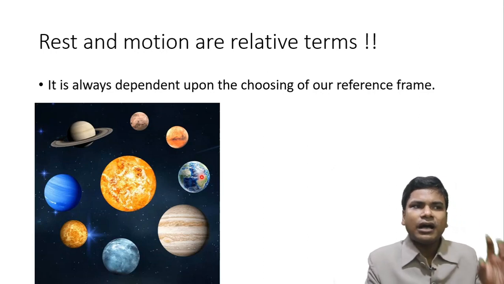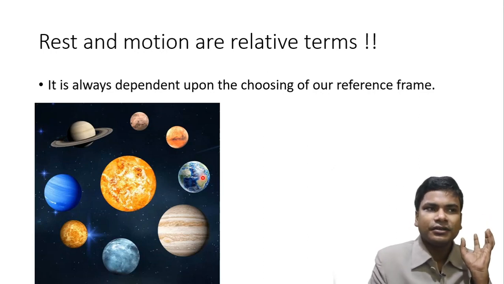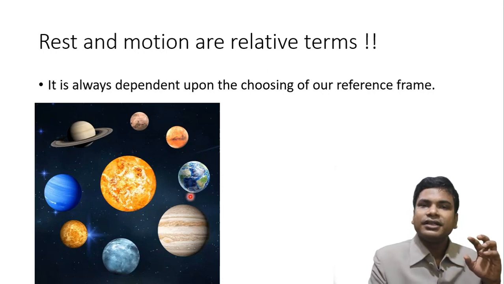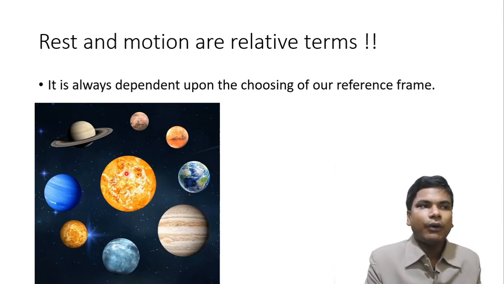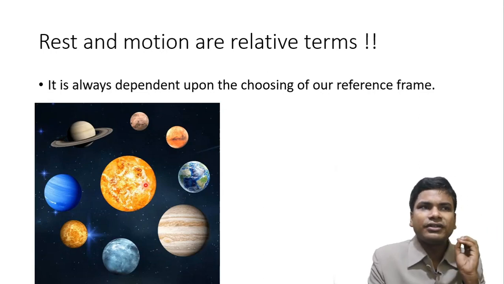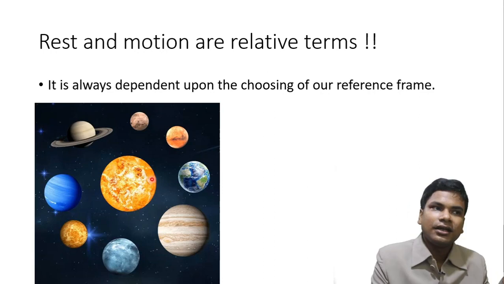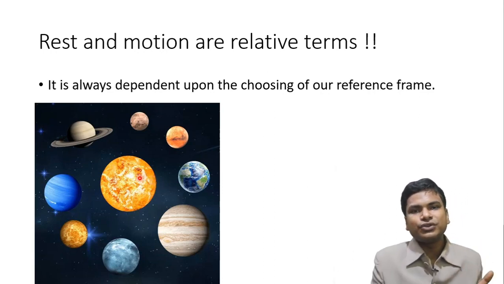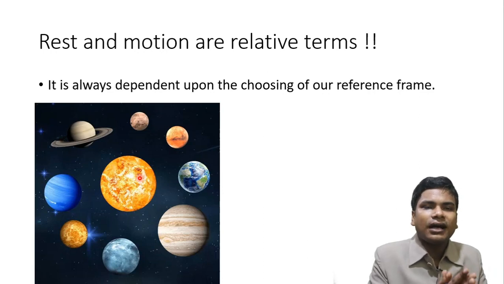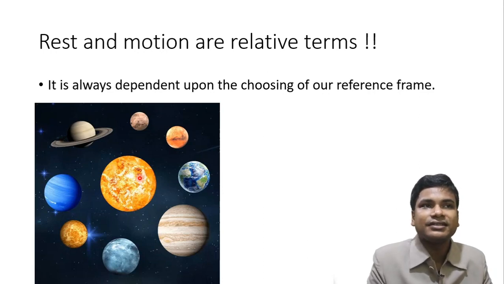Don't you think our earth itself is moving around the sun? Every planet over there is moving. Even our sun is also moving. So nothing in this universe is at rest. If everything is in motion, then how can I understand the concept of rest?